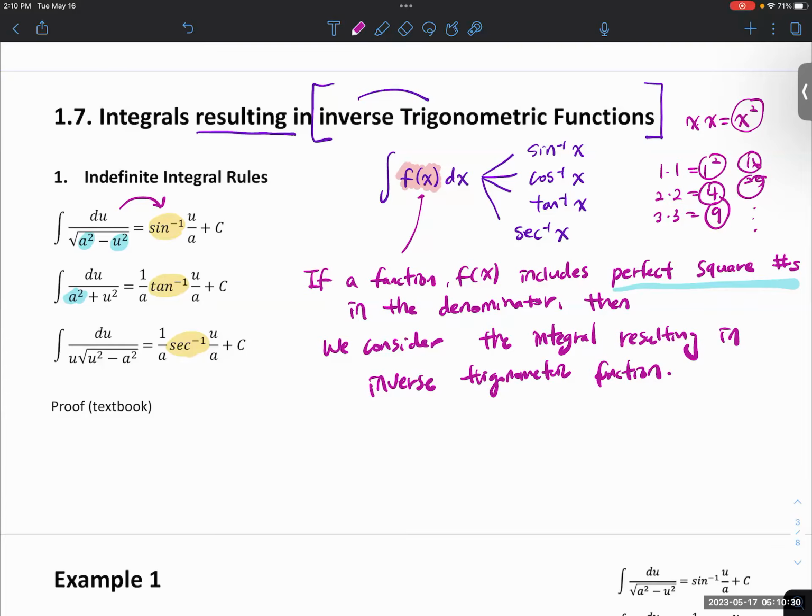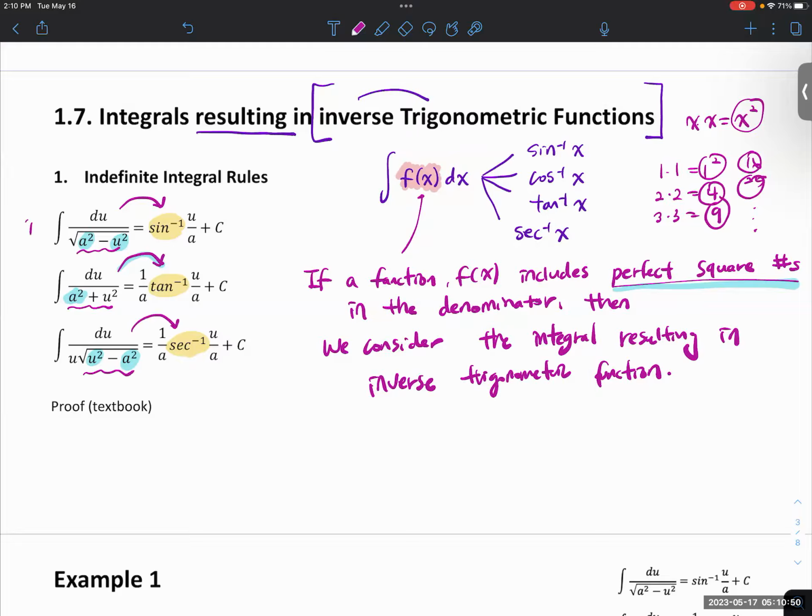So if you have perfect square numbers in the denominator, then we're going to consider the integral resulting in an inverse trigonometric function.